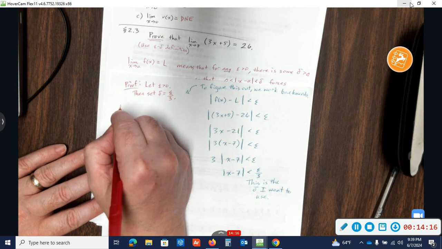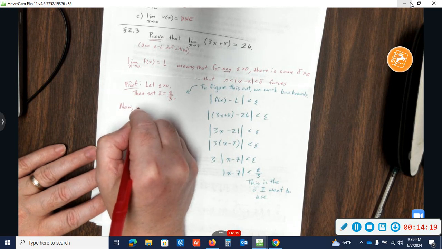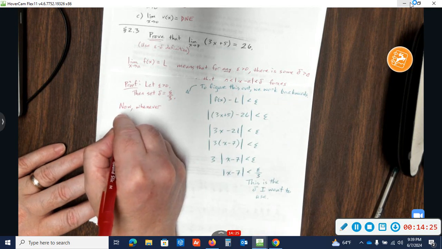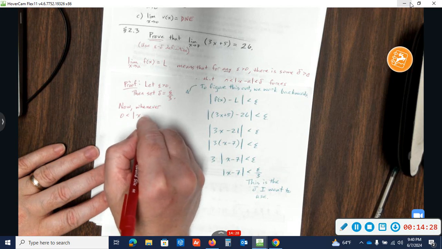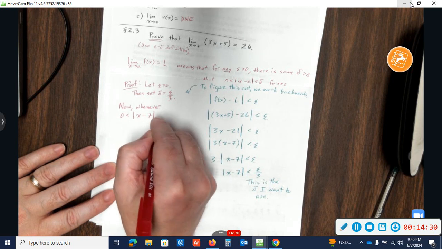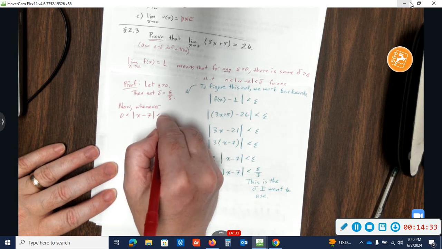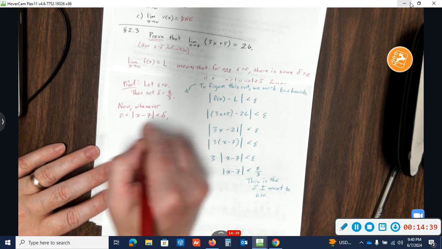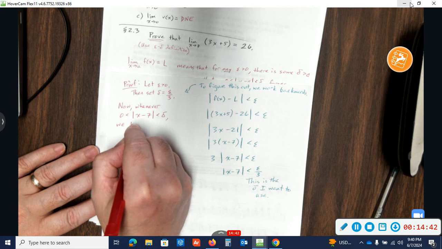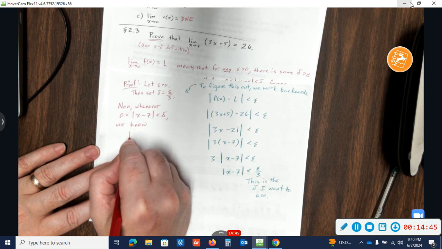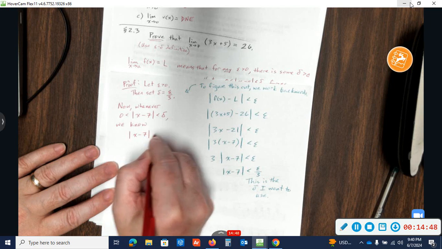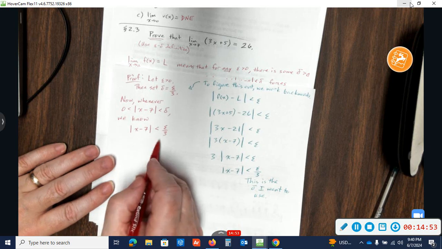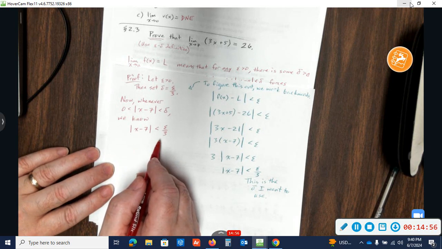Then whenever zero is less than absolute value of x minus 7 is less than delta, because delta was epsilon over 3, and if this is true, I can multiply each side of this inequality by 3.